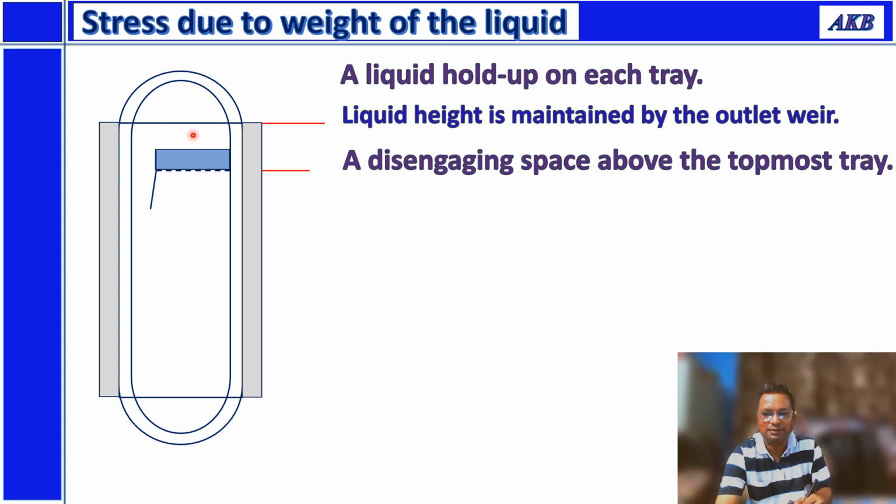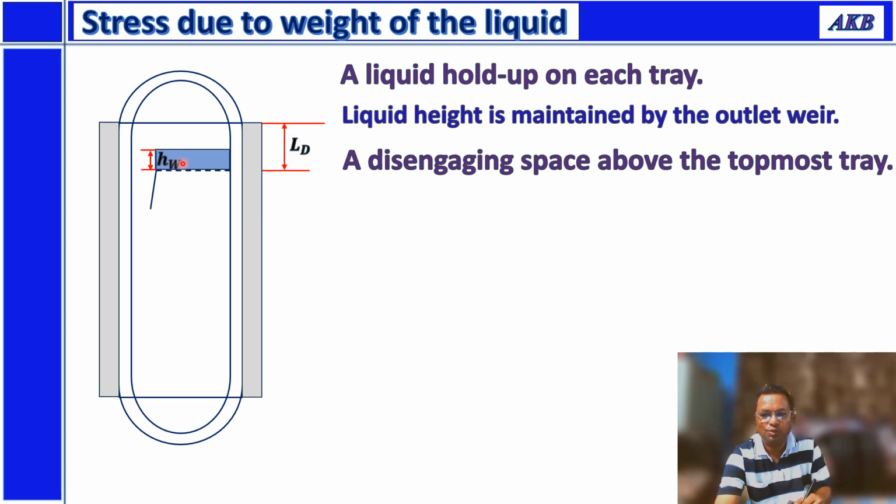The vapor that is rising out of this tray will be getting separated from the liquid in this space. Okay, so let us say that the length of this disengaging space is LD and height of the weir is HW. Height of the outlet weir is HW, height of the disengaging space is LD.